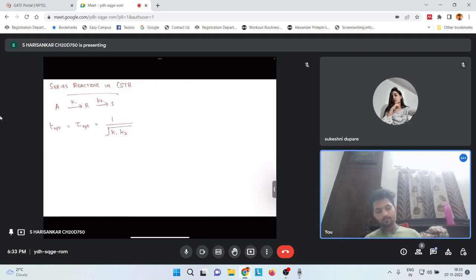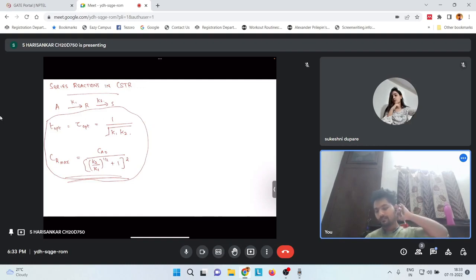And CR max will be equal to CA0 by (K2 by K1 the whole raised to 1 by 2, plus 1) the whole squared.